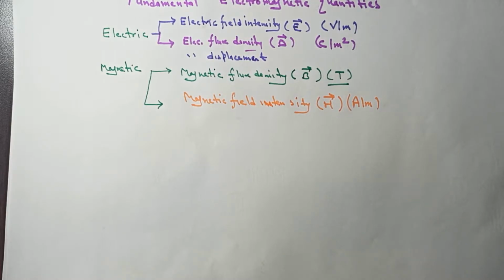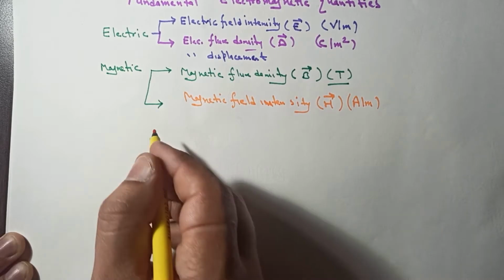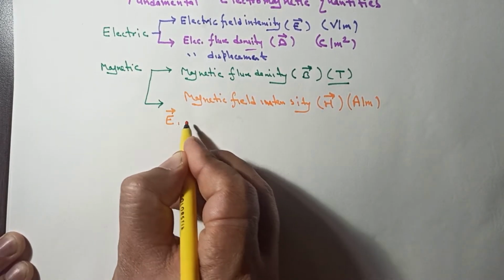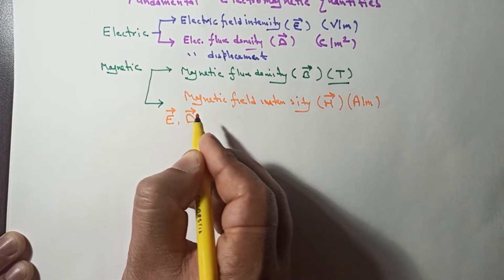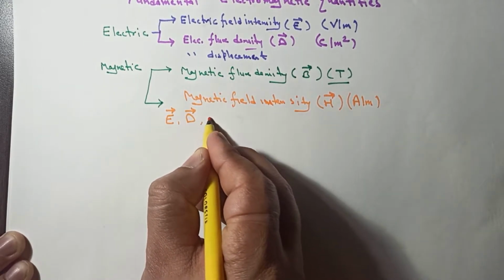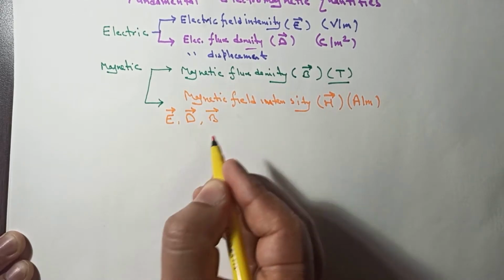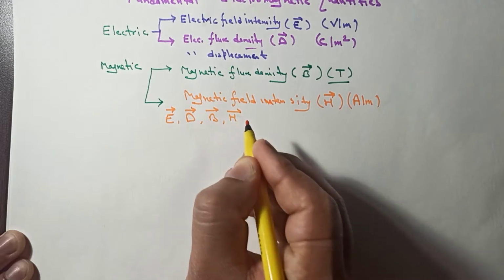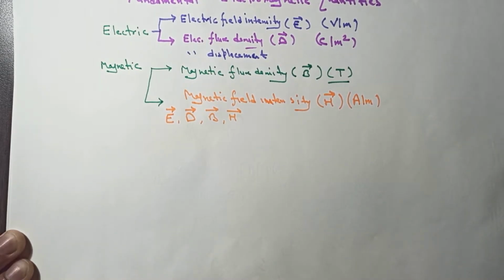So these are the four basic, or you can say four fundamental electromagnetic quantities: E, electric field intensity; D, electric flux density or electric displacement; B, magnetic flux density; and H, magnetic field intensity.